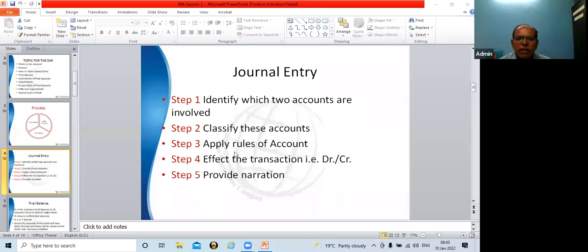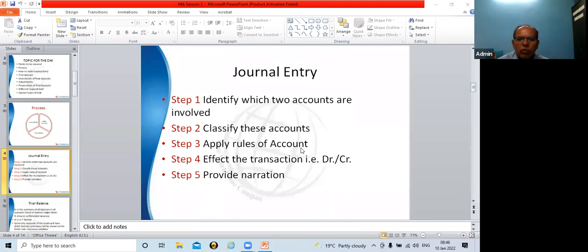Now step 3, apply the rules of account. Nominal account rules are what? Debit expenses and losses. And the second account we identified is a real account: debit what comes in and credit what goes out.